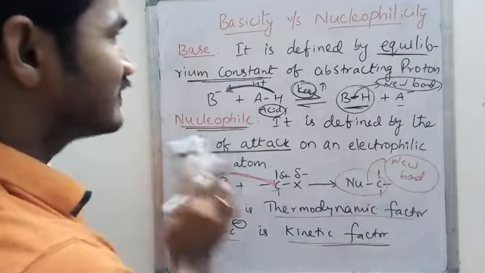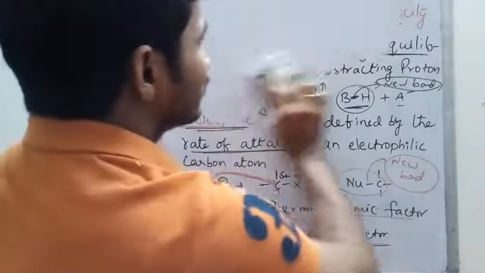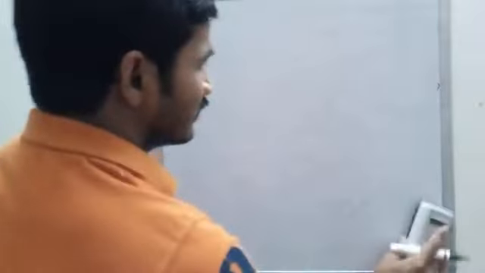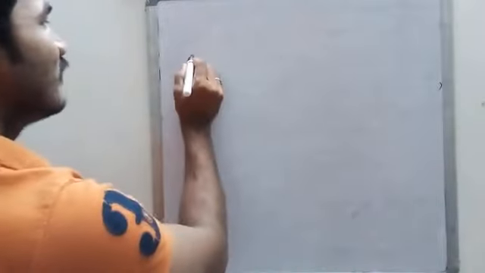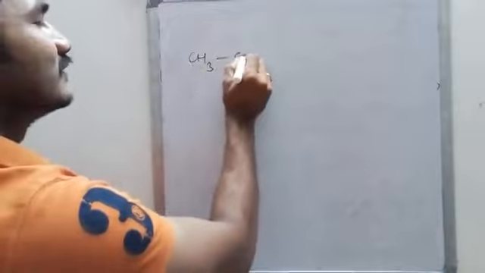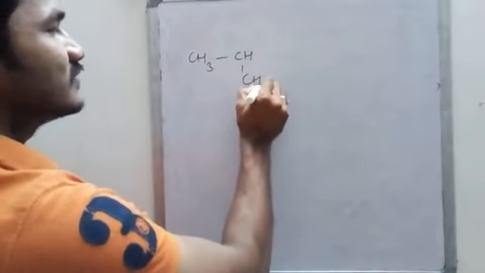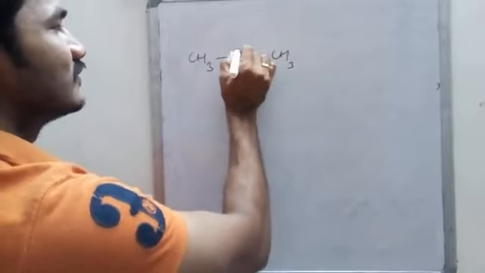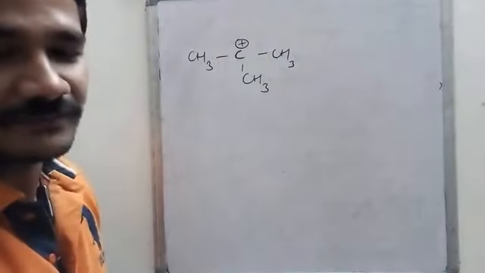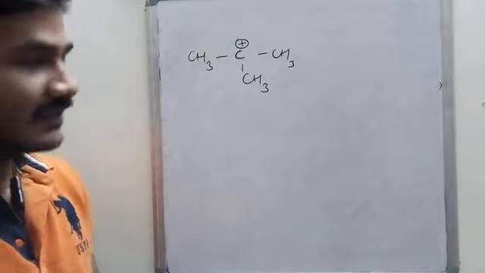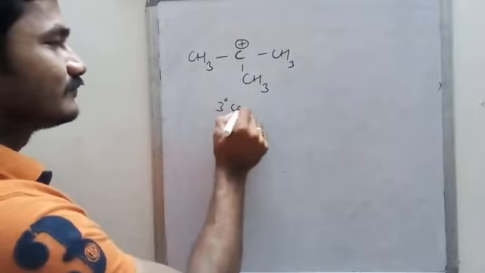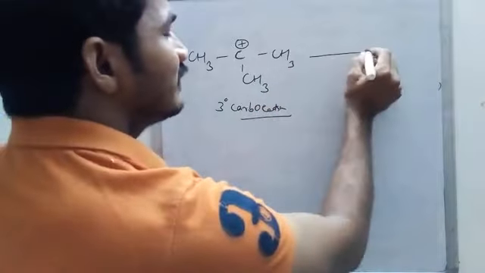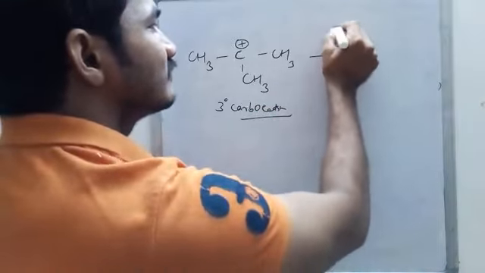I'll give one example which explains basicity and nucleophilicity. I will take one simple molecule, CH3, C plus, CH3, CH3. This is a carbocation. Which type of carbocation is it? Tertiary carbocation. I add one OH minus here.